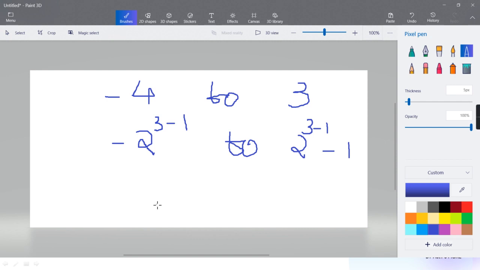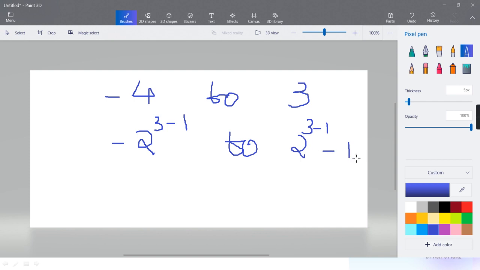Yes, sir. Don't consider this sign inside, it is outside. So 2 raised to 3 minus 1, 3 minus 1 is 2, and 2 raised to 2 is 4. Same way, 2 raised to 2 is 4 minus 1, which is 3.